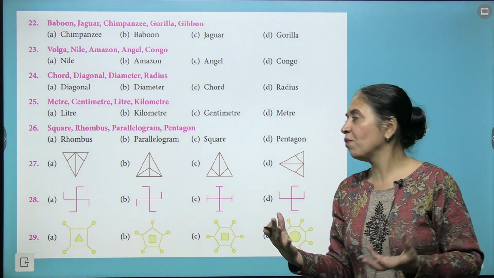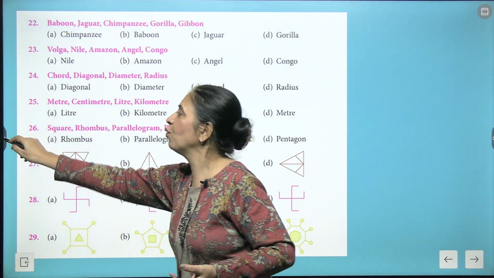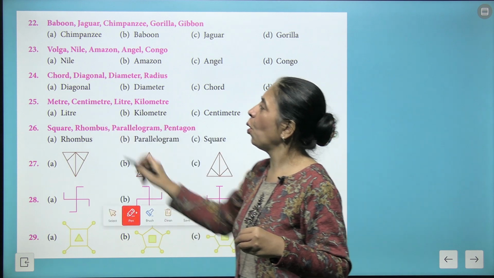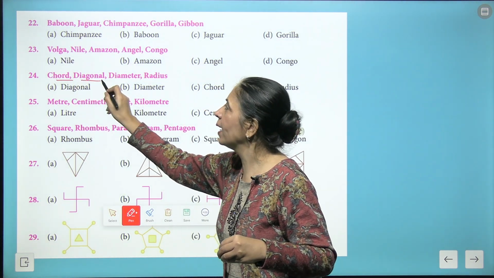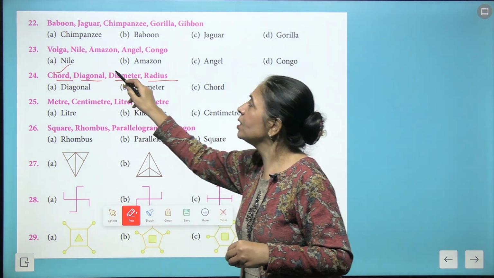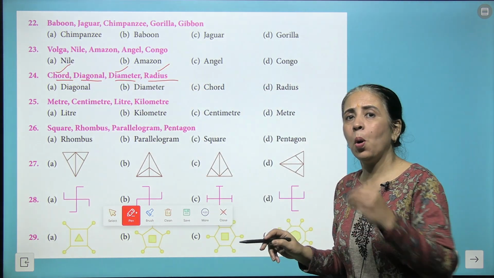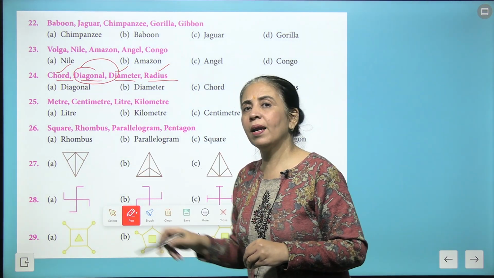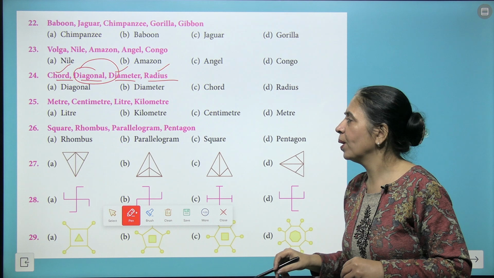Like if you observe chord, diagonal, diameter and radius. So here chord, diameter and radius, they all are parts of a circle, but a circle doesn't have a diagonal, so this is the odd one out.